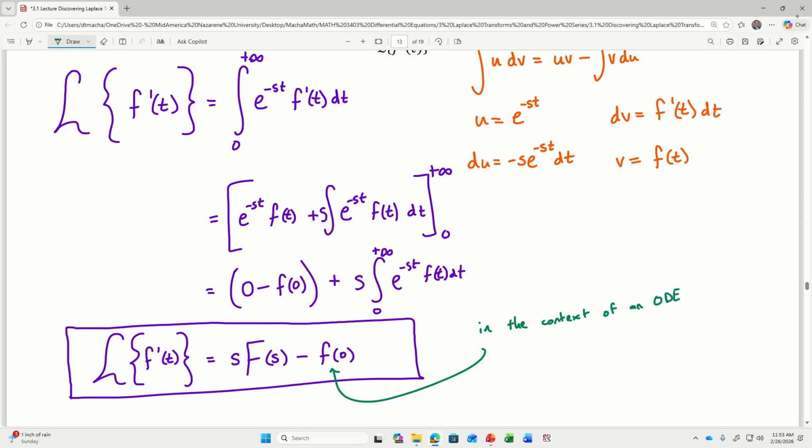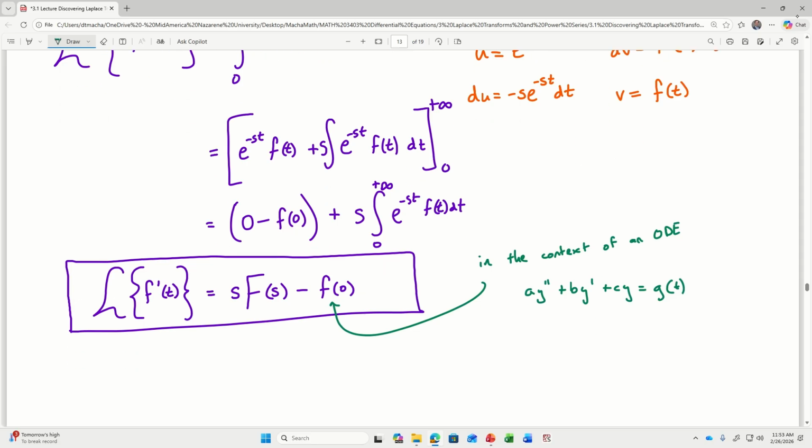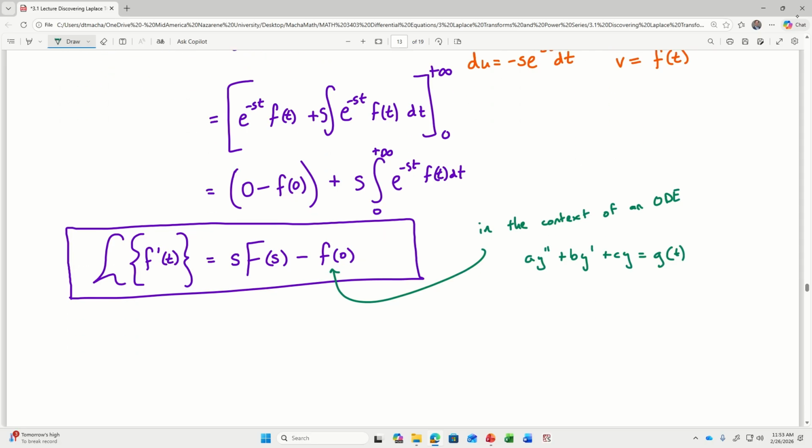In the context of an ODE where we have a y double prime plus b y prime plus c y is equal to g of t, that means taking the Laplace transform of everything is going to be c times the Laplace transform of y, we'll use capital Y since it's a Laplace transform, equals the Laplace transform of that capital G function, which will be a function of s and not t.